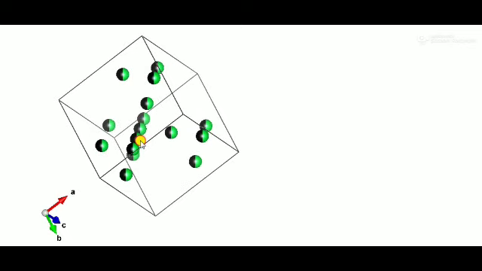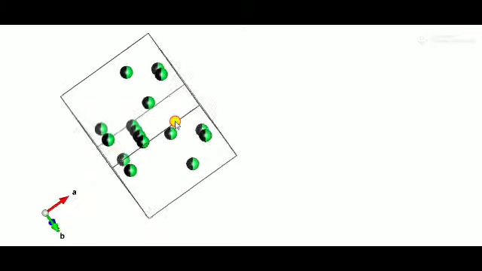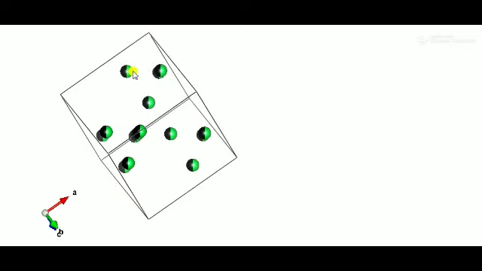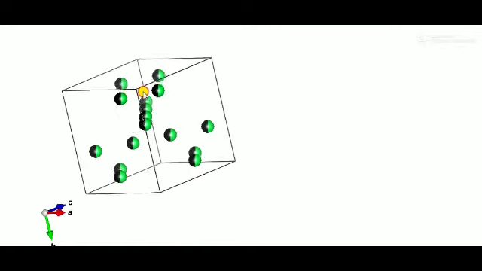If it is inside from the origin, then it is inverse. If it is outside from the origin, then also it is inverse. But if it is at the corners, then it is normal. Here it is inside, from this corner atom to here it is inside, no atom is present at the corners.